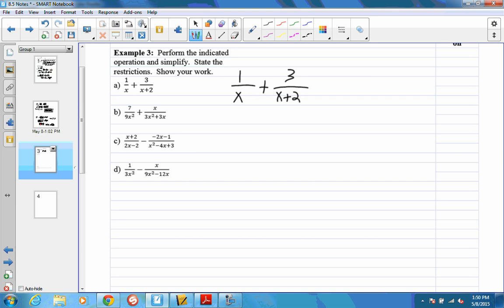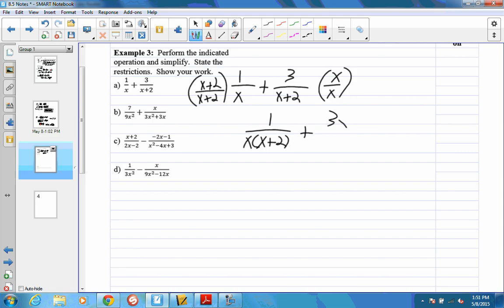Good. Just because I am making them look different, with an x and an x plus 2, that doesn't mean I can't go back to my method of multiplying each side by the other. That leaves me with 1 over x, times x plus 2.